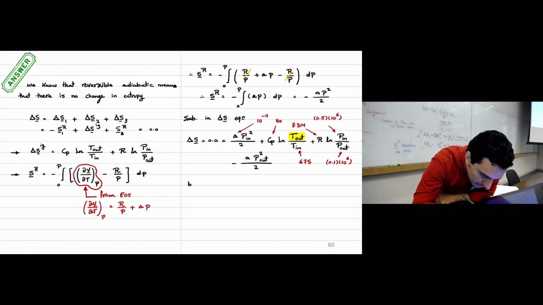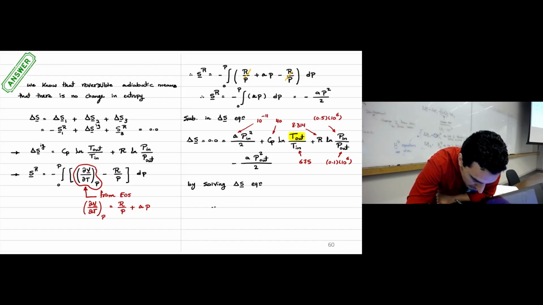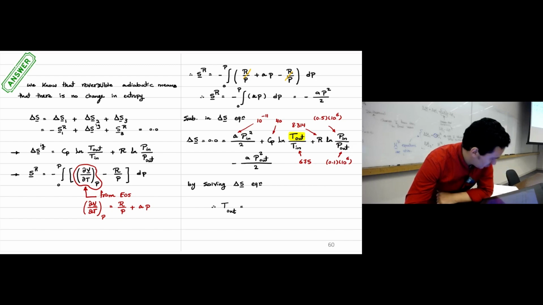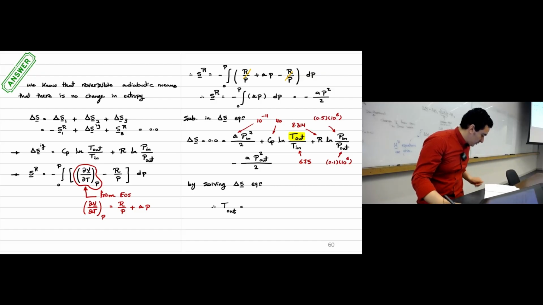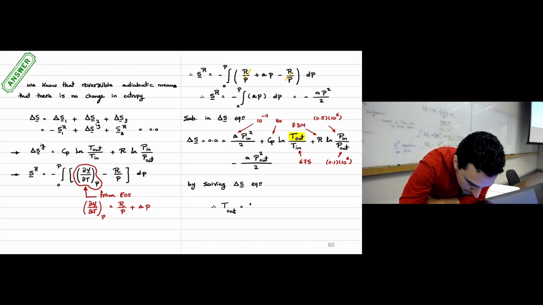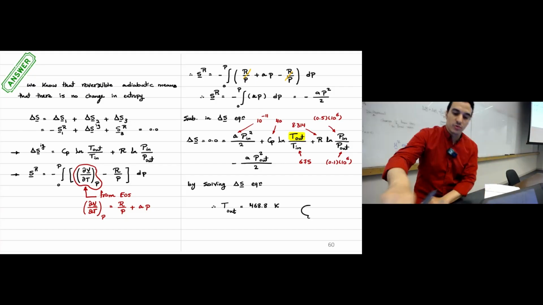By solving the delta S equation, we find that the outlet temperature, which is the variable that we need to find, will be 468.8 Kelvin, and this is what we needed to find.